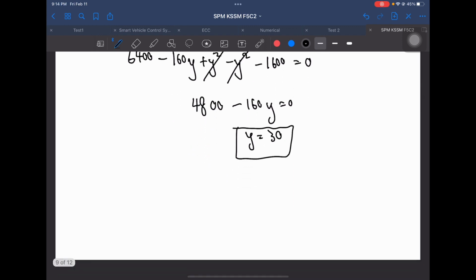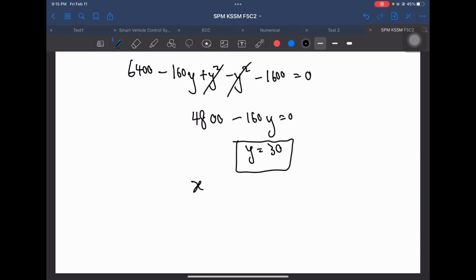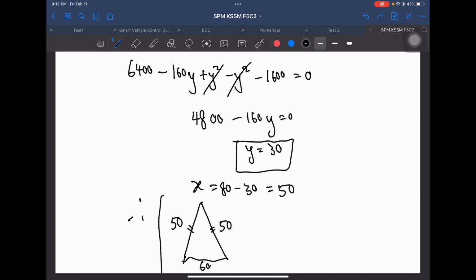So if you know y equals 30, by substituting into the first equation, you get x equals 50, and therefore your isosceles triangle is 50, 50. Here is 30 times 2, so 60. Easy, right?